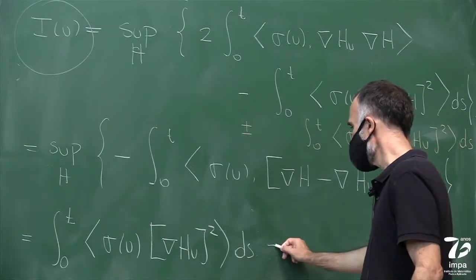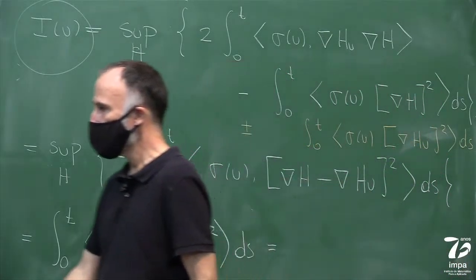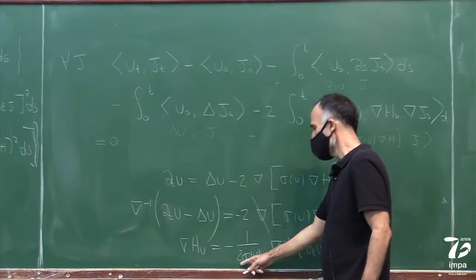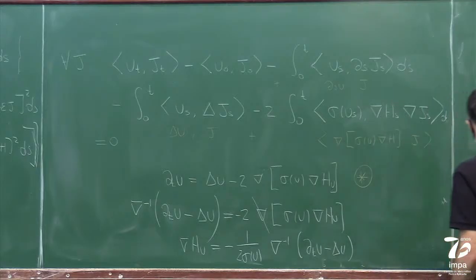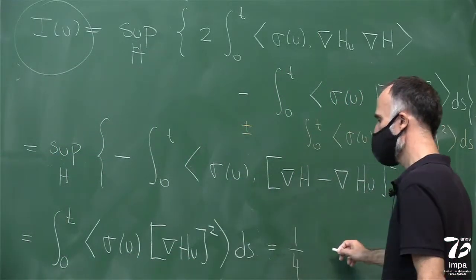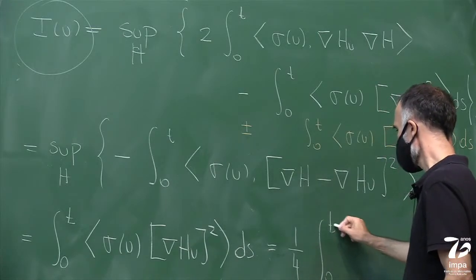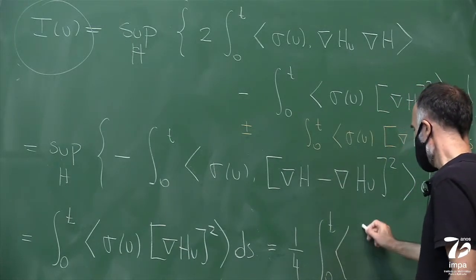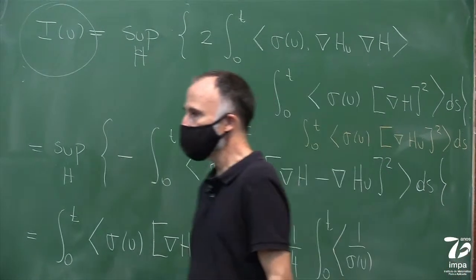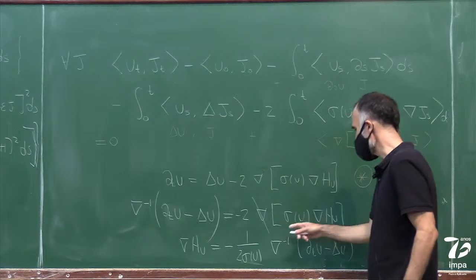And so I will get, as a final formula, I have minus, I don't care because I have a square, 4 sigma of u squared, but I have here 1. So this is 1 over 4, integral from 0 to t, 1 over sigma of u, and then this expression.